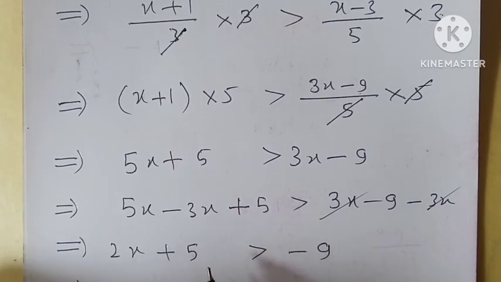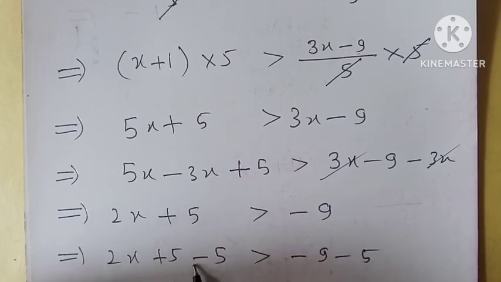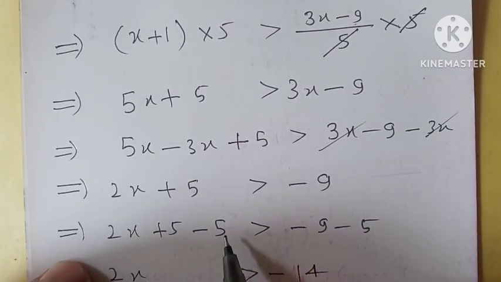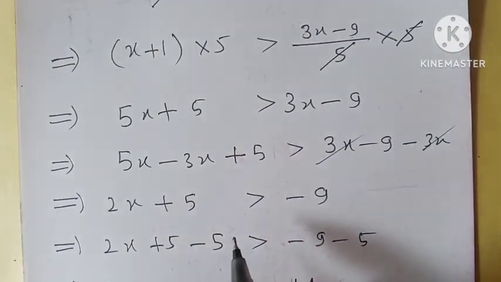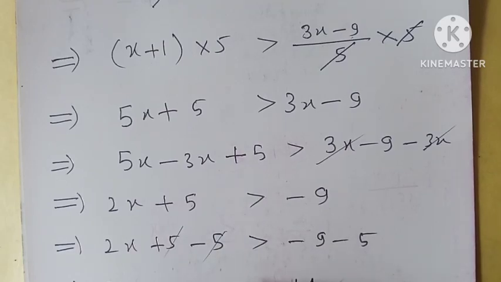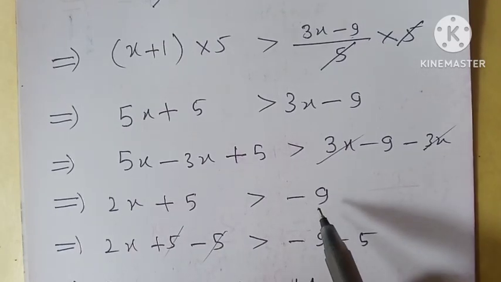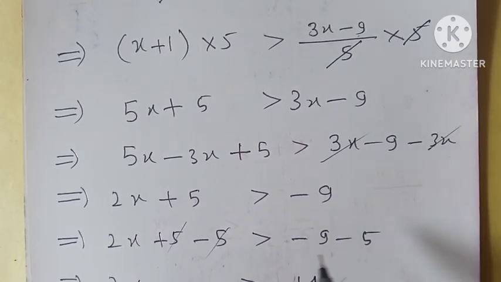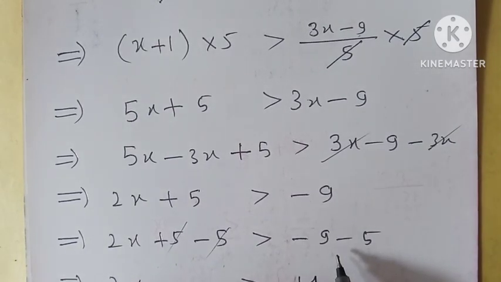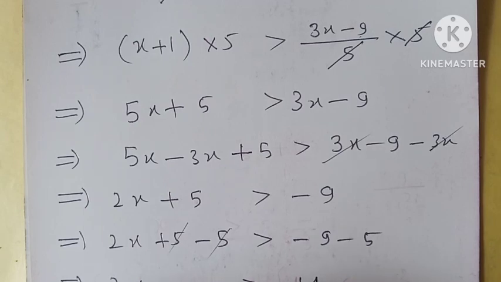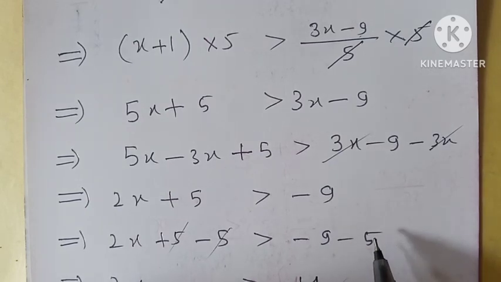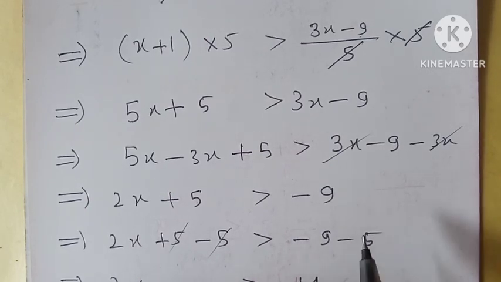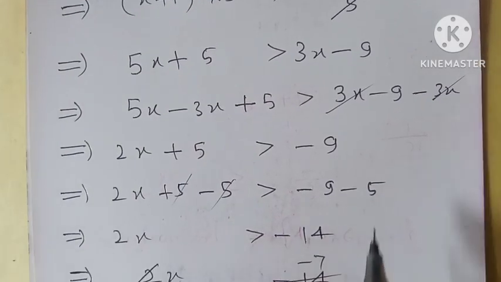Now we have to remove this 5 and for that we have to subtract 5 from both sides. So these two 5s are cancelled. Here minus 9 minus 5. So 2x is more than minus 9 minus 5, both are negative. So we put minus and we add 9 and 5, that is 14.